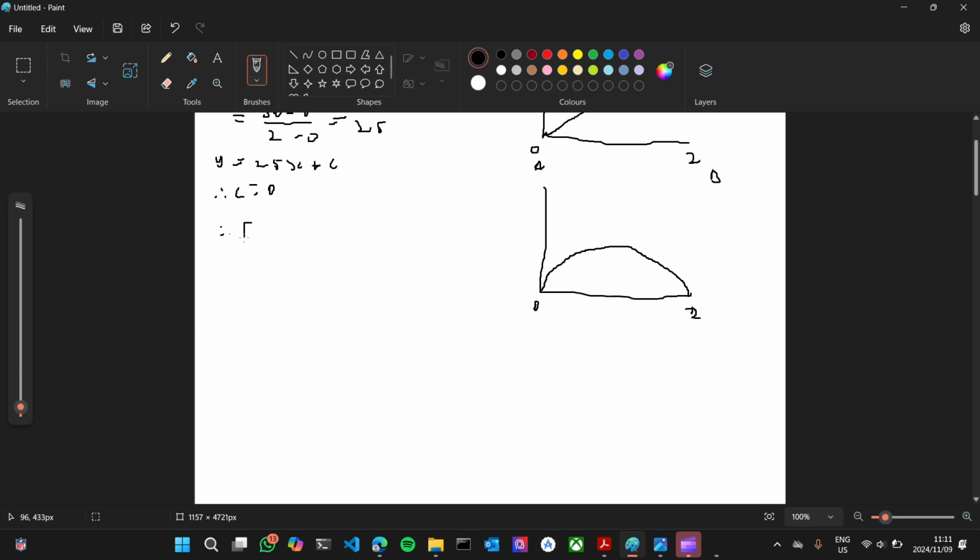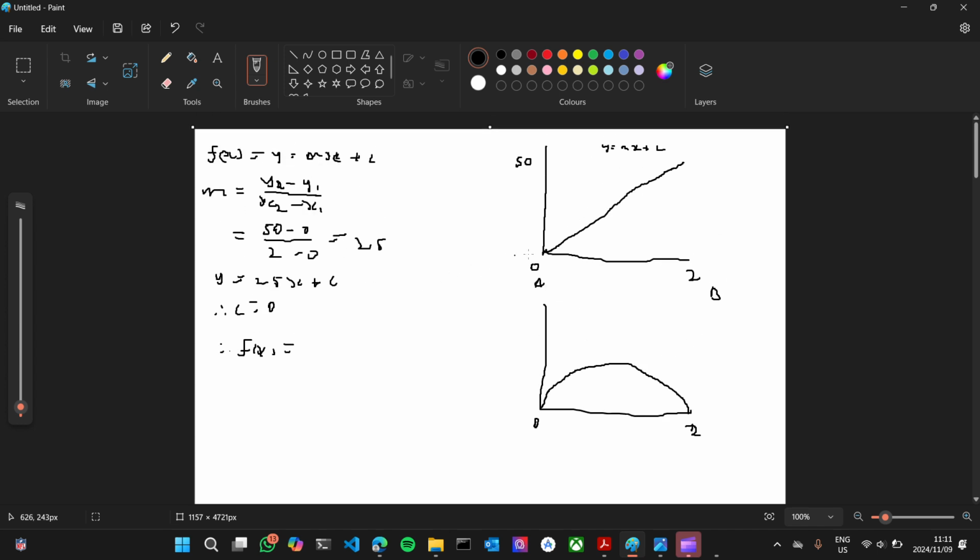Therefore, our function f of x, which describes the initial condition of the heat along our bar, is equal to 25x. Sweet.